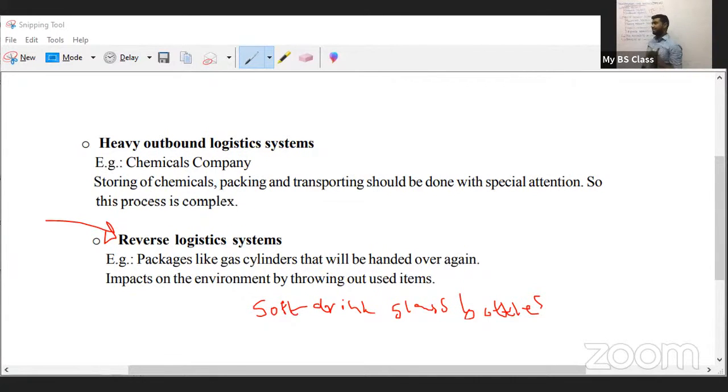So you have to first select what is the logistic system that you need to follow and what's the necessity, right? How important is that for your business. So we'll discuss that part as well.